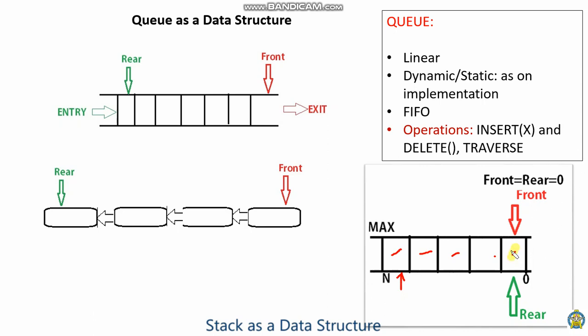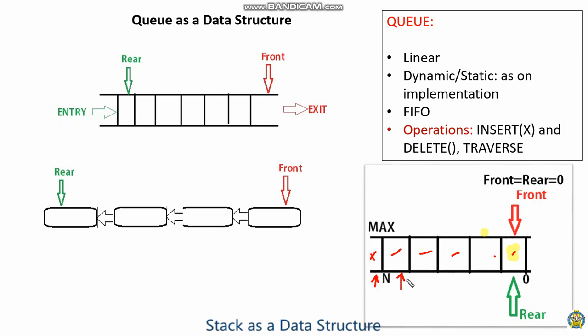That means I delete this item, which means my front is here. Having done that, I also add an item, one more item. So when I add an item, my rear now becomes here. I have inserted, and this is rear. Now, after this, my rear is equal to max. That means my queue will now report full.